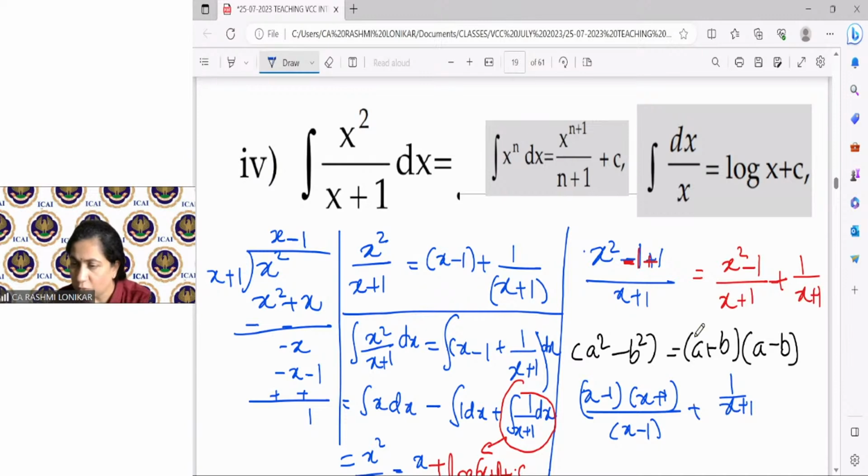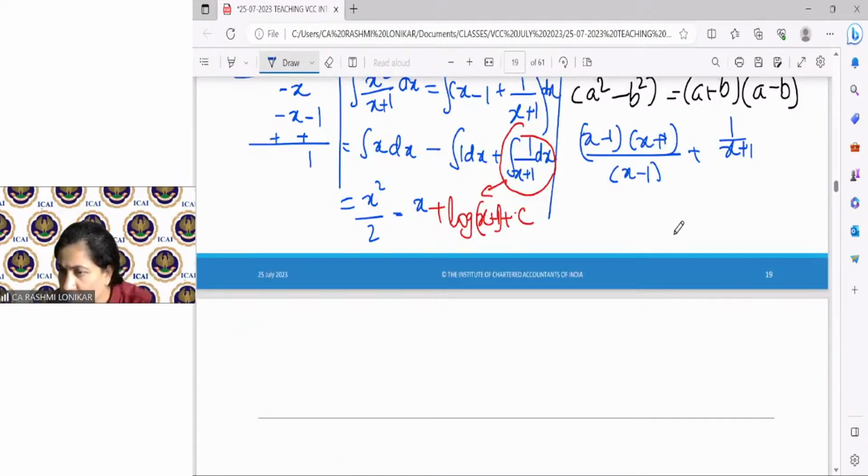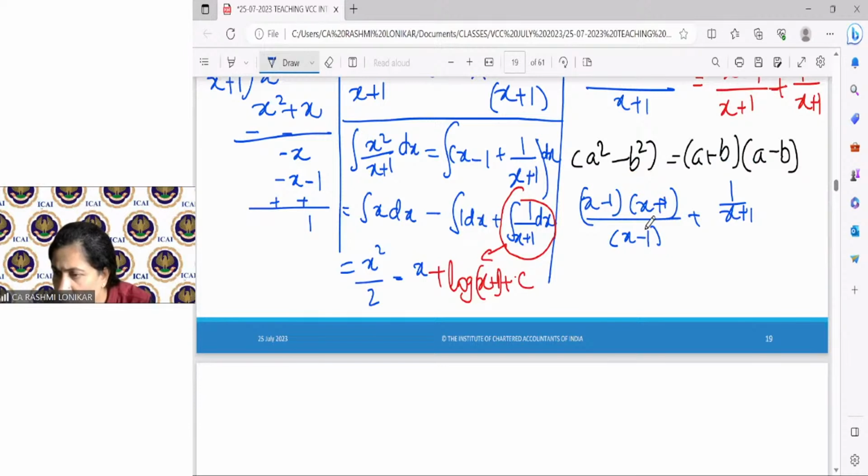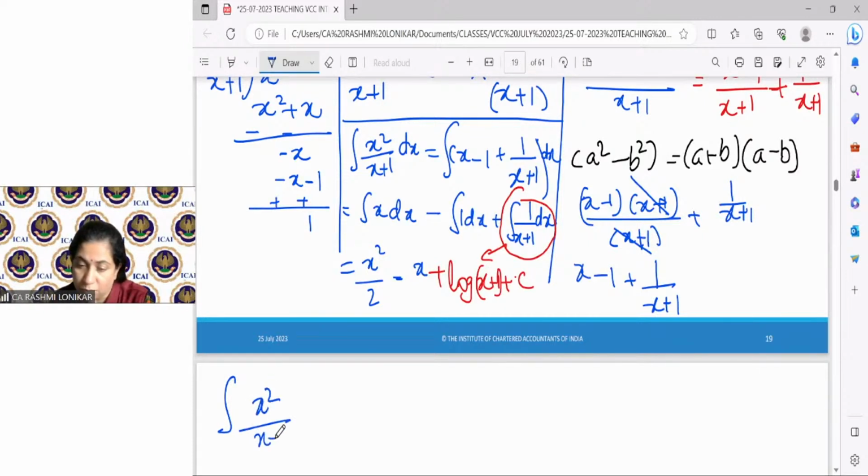Okay. Now what will happen here is this x plus 1 will cancel with this x plus 1 and I'm left with x minus 1 plus 1 upon x plus 1, which is the same as this. And so I will have integral of x square upon x plus 1 dx to be equal to integral of x minus 1 plus 1 upon x plus 1 plus c.